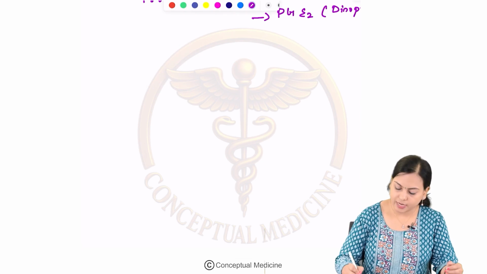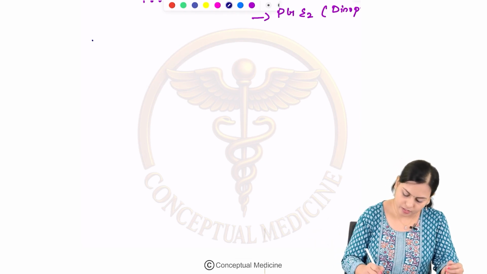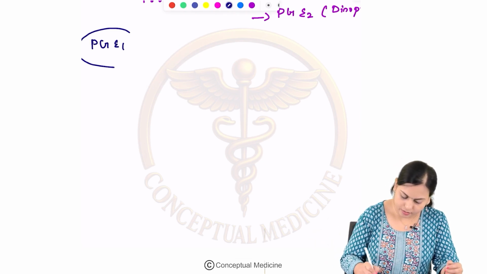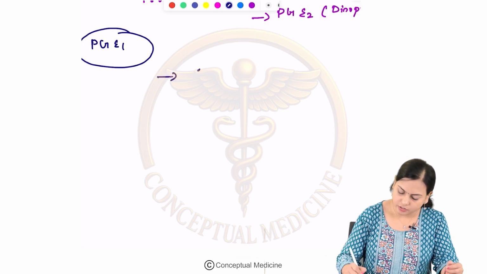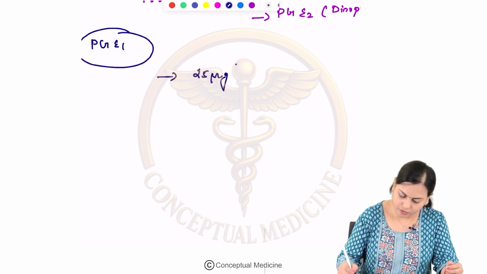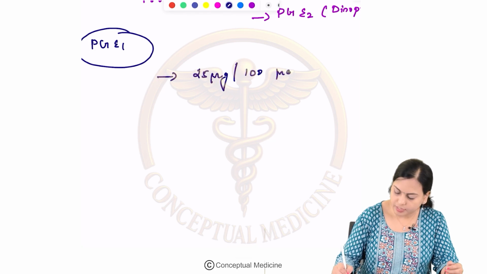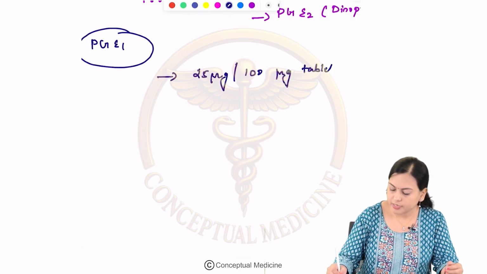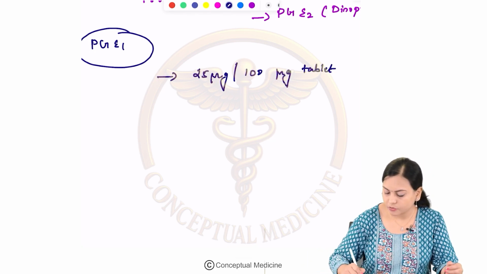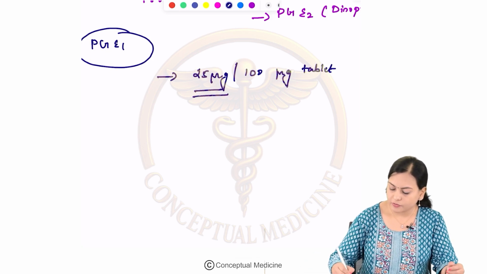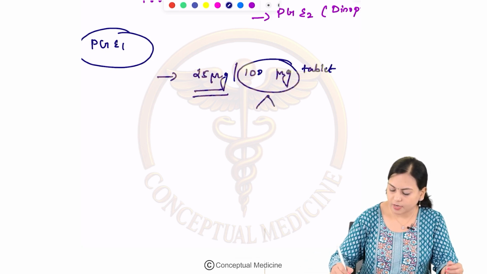Prostaglandin E1 is available as a 25 microgram or a 100 microgram tablet. Usually for labor induction, we will be using a 25 microgram dose only. So, if you have a 100 microgram tablet, you have to break it into 4 pieces.